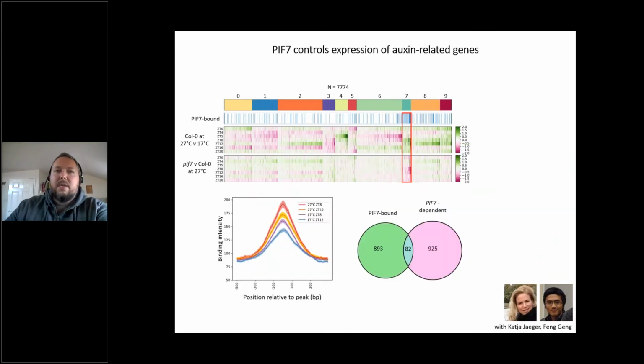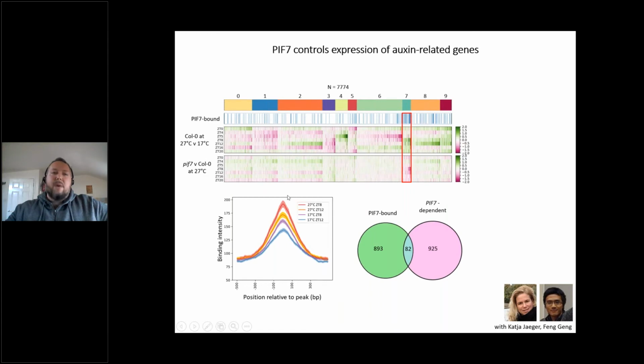In parallel with the RNA-seq, we also performed a ChIP-seq experiment with the help of Katja Jäger in the lab. We used our PIF7 MYC line to look at genes directly bound by PIF7, which is also indicated up here with the blue sticks. So these represent genes directly bound by PIF7. You see there is a good number in cluster 7.